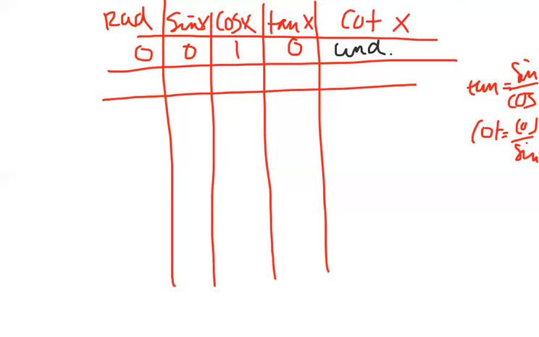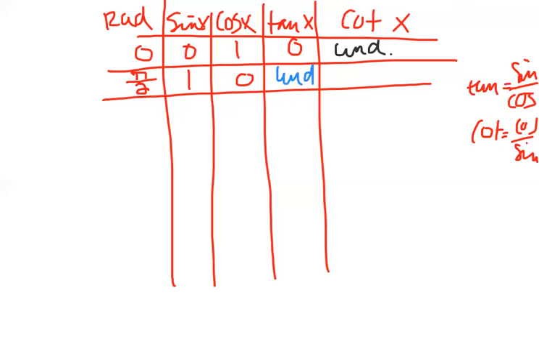Next, I'm going to move up to pi over 2. Now remember, I'm checking for multiple values of radian. So at pi over 2, sine is 1, but cosine is 0. So tangent becomes undefined.